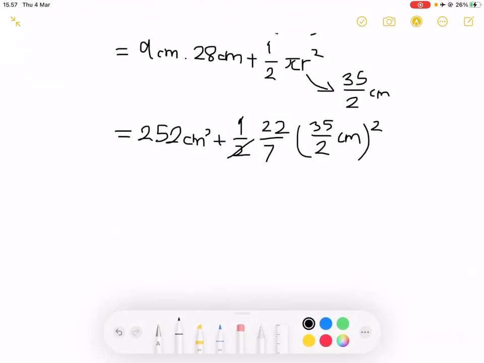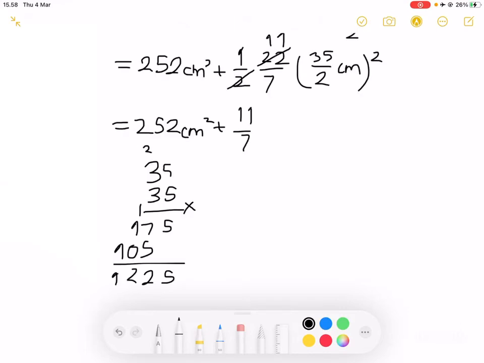You can cancel the 2 with the 22. Now 35 squared is just 35 times 35, so 1225. And then 2 squared will be just 4.